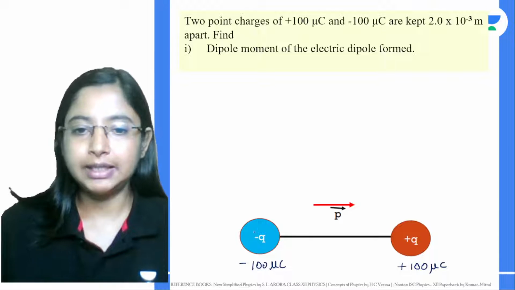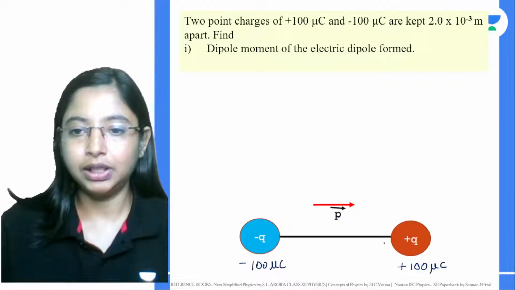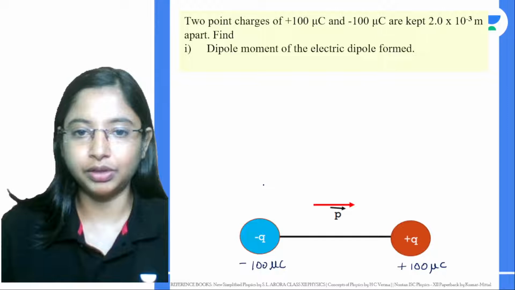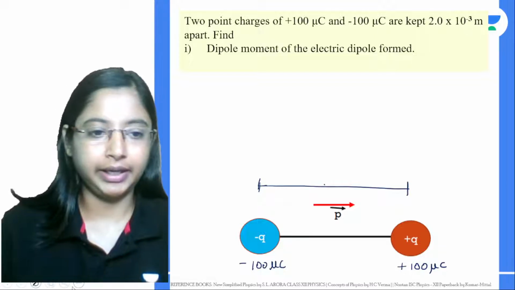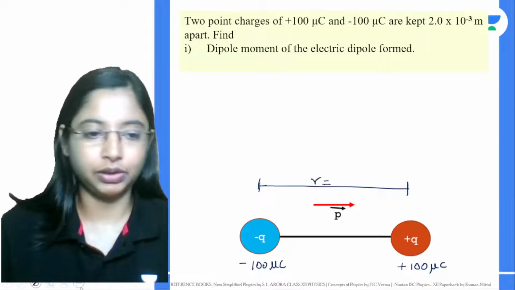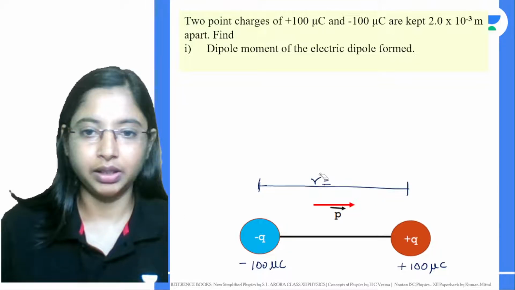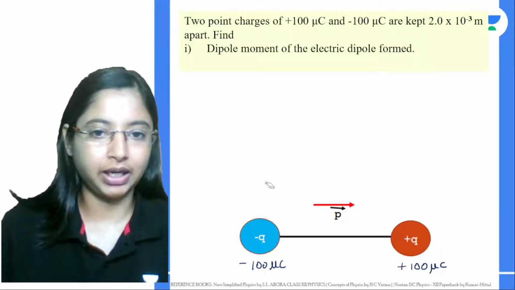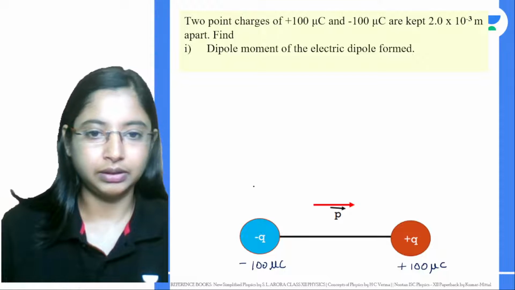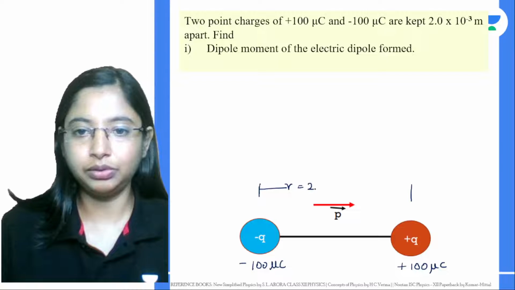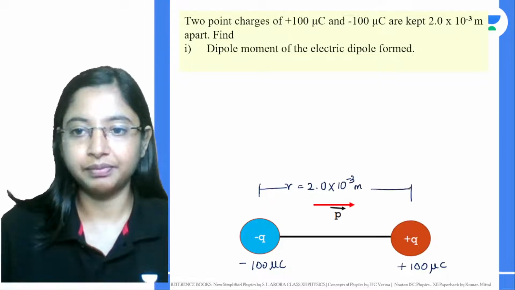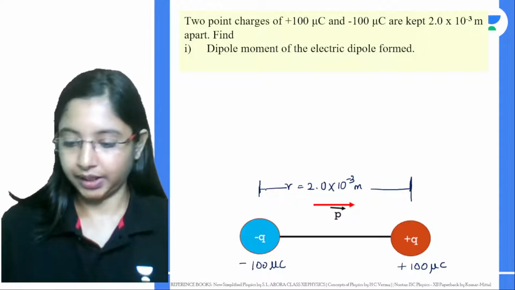Now the separation from the center of this dipole to this one is given by R, and this R is equal to 2 into 10 to the power of minus 3 meters.